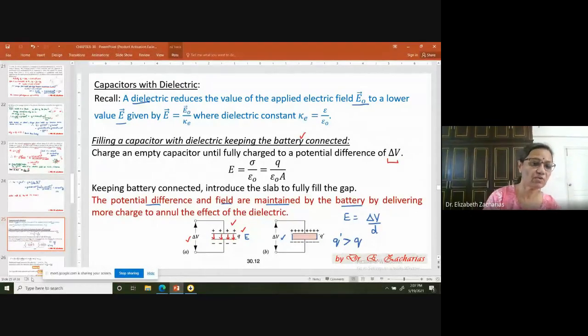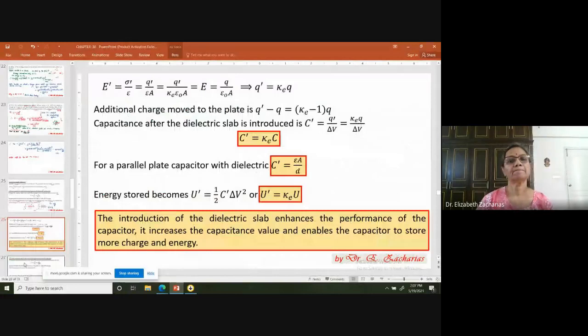Now we have to see what is the effect of this. Because the dielectric is there, let's call the field E prime. So E prime is going to be sigma prime by epsilon. Why are we putting epsilon and not epsilon naught?